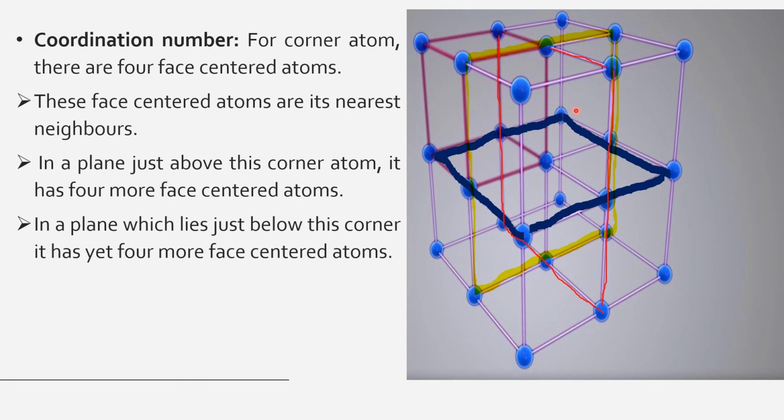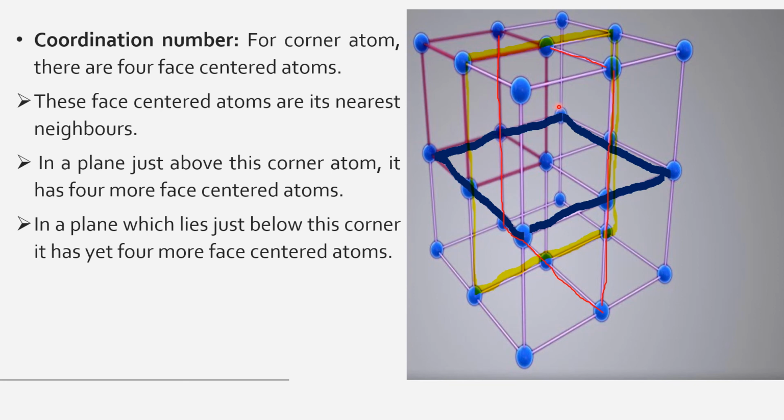So there are 4 face-centered atoms in this plane. Same way in this plane which I have shown in red color, there are 4 face-centered atoms touching this corner atom.